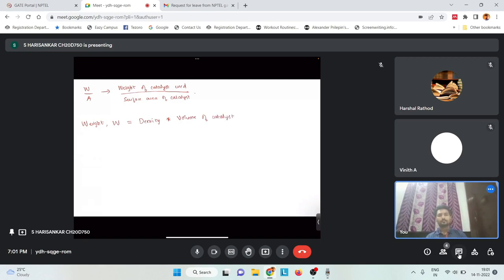So here they have given that the density of the catalyst is 8910 kilogram per meter cube, and the catalyst is a hollow cylinder, and the dimensions are also given.